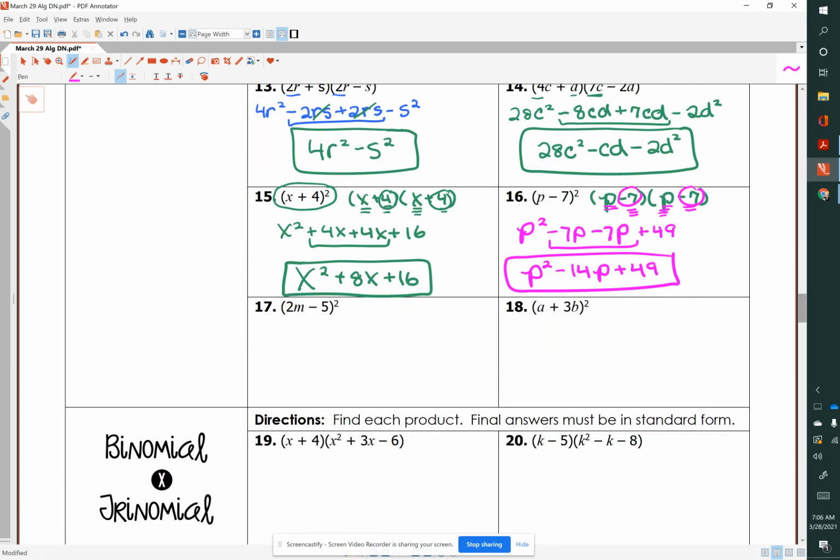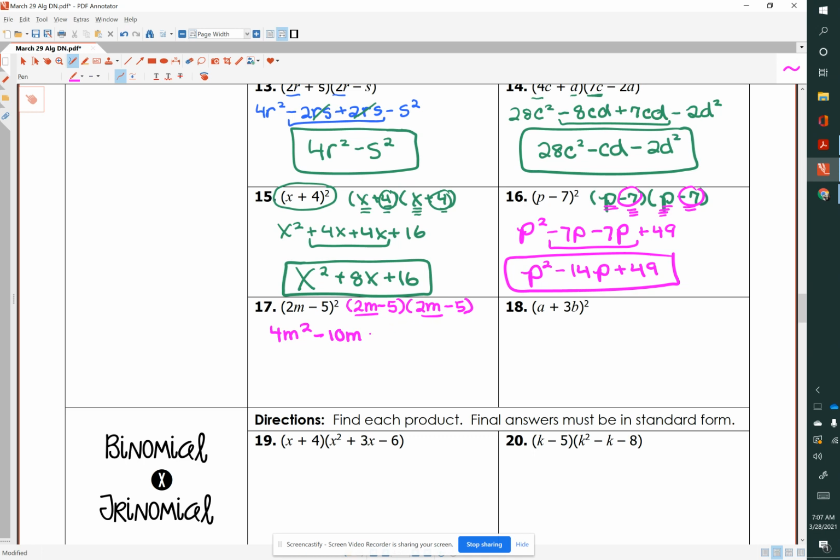And let's move on to 17 and 18. So we're going to go ahead and write this out. 2m minus 5 times 2m minus 5. 2m times 2m is 4m squared. 2m times negative 5 is negative 10m.